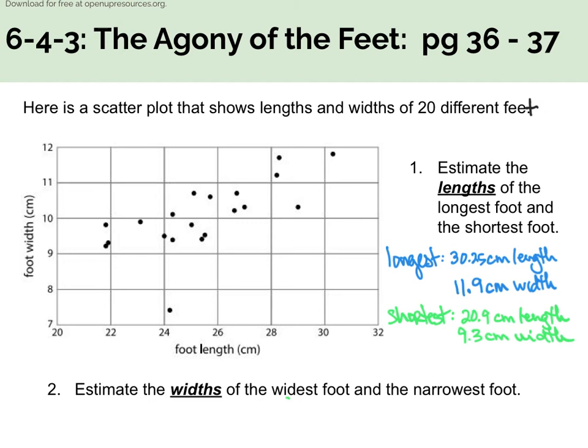So the widest has the length, so let's write that down. Let's do it in red. Okay, and it has a length probably about 30.4 centimeters. And then the narrowest.